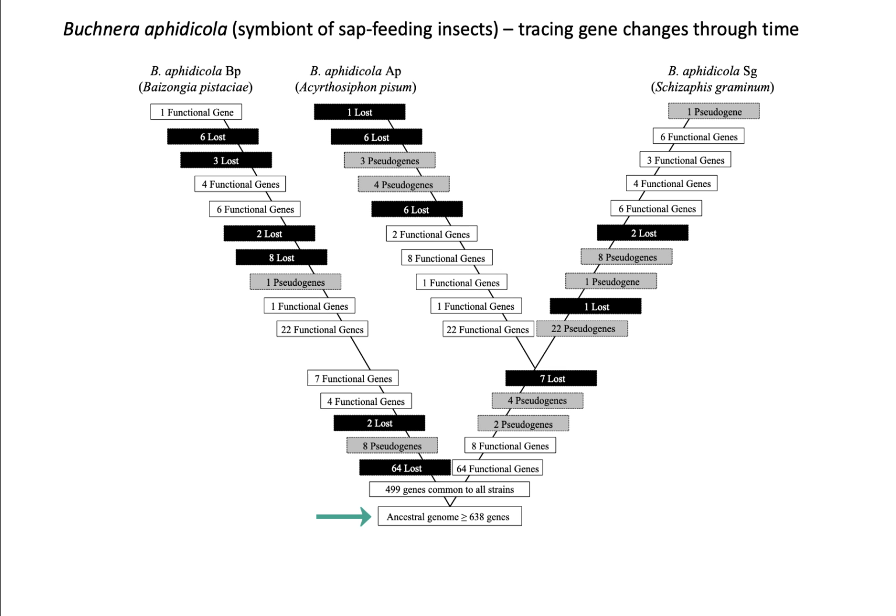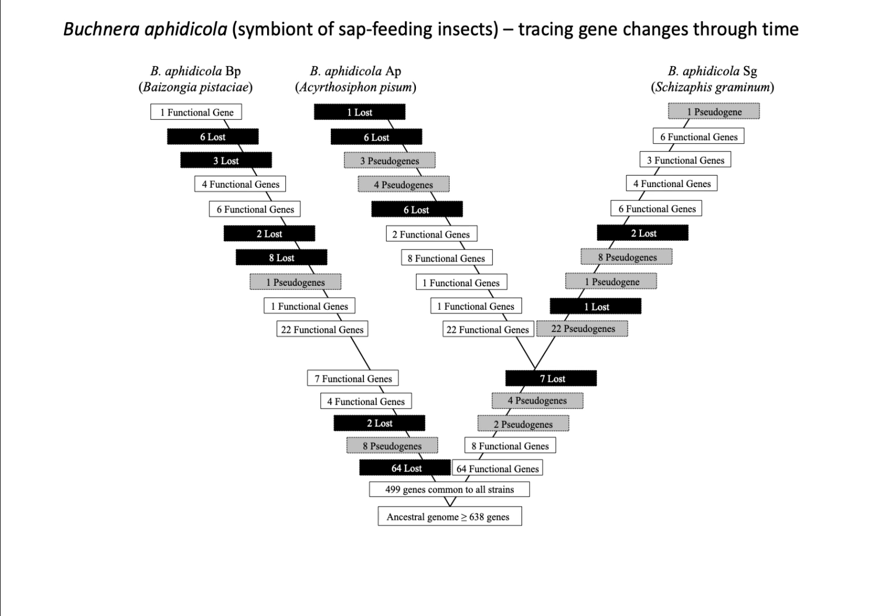So as you go from the bottom to the top, different genes have been found to be in common. The ancestral genome consisted of more than 638 genes. As you move up, some 499 genes are in common to all strains. And you can see the strains above. Some of them are in sharpshooters, some of them are in aphids, and some of them are in other sap-feeding insects.